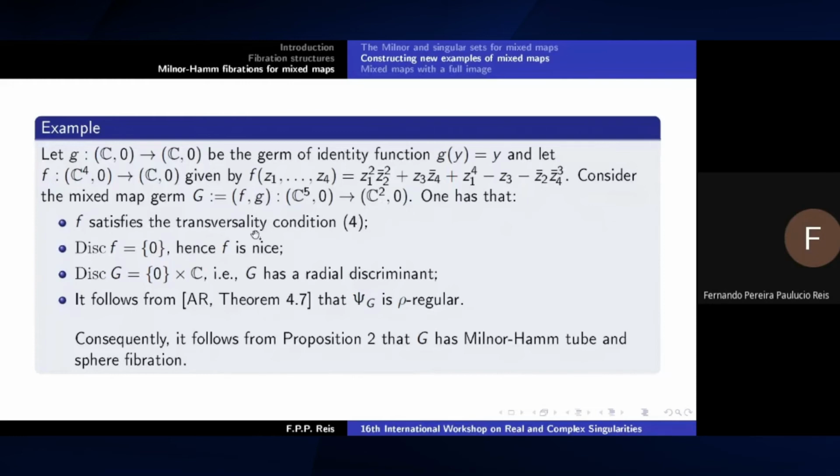Then we have that f satisfies the transversality condition, the discriminant of f is 0, and f is nice. The discriminant of G is {0} times C, so G has a radial discriminant. And it follows from reference RT, Theorem 4.7, that PCG is rho-regular. Consequently, it follows from Proposition 2 that G has a Milnor-Hamm tube and sphere fibration.